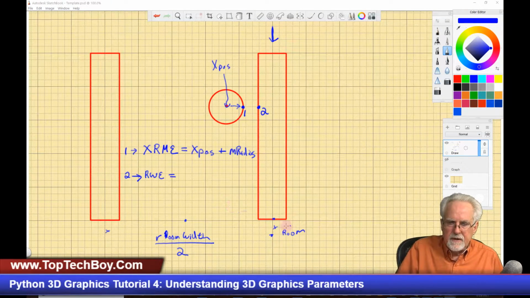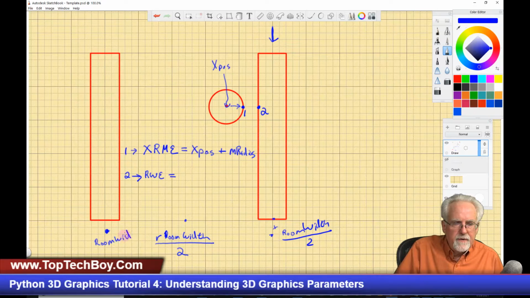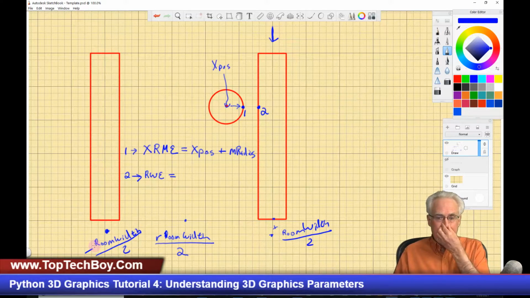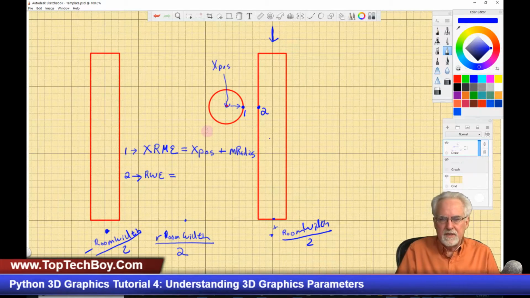That position there is room width divided by 2. Then what is this position here? This is room width divided by 2 in the negative direction. Okay, and so now we know where those positions are.